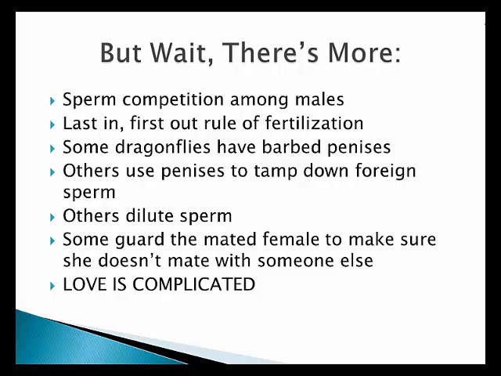But the mating issues among dragonflies don't stop there. There's another whole level of male competitiveness of which humans, in comparison, are only nominal practitioners. Dragonflies are highly evolved in the art of sperm competition. The foundational biological principle is that the last sperm in are the ones to fertilize.